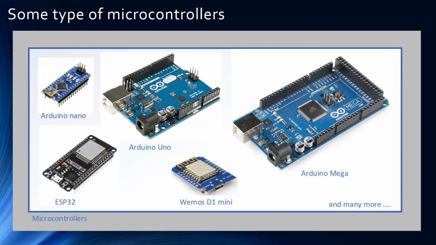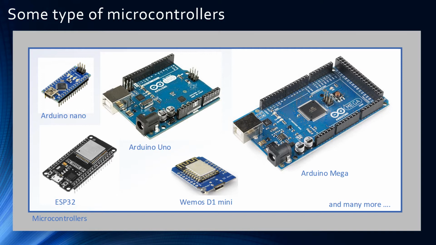The very famous one is Arduino Uno, and then Arduino Nano, Arduino Mega, and then there is NodeMCU ESP32, and there is Wemos D1 Mini. There are many more microcontrollers, like Teensy, like ARM, lots of things.